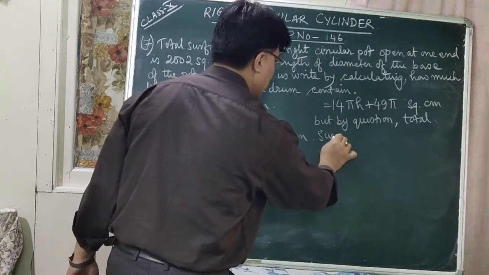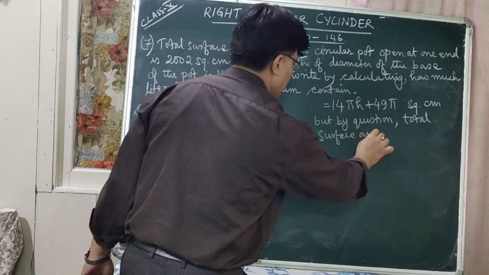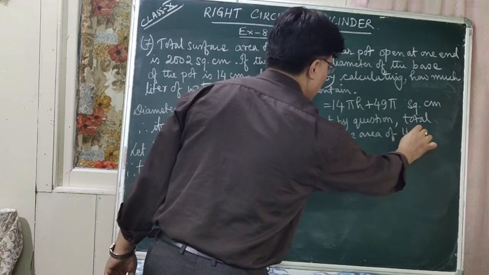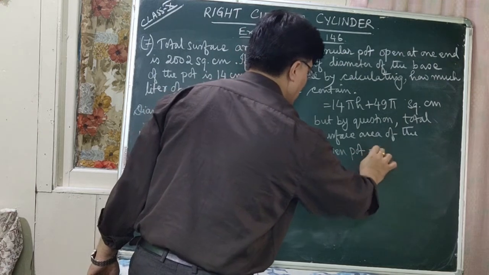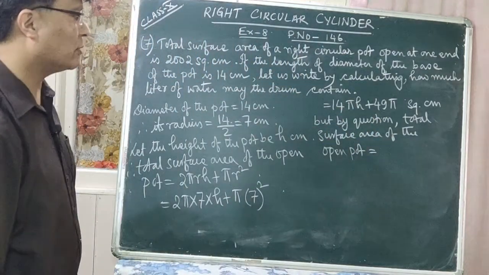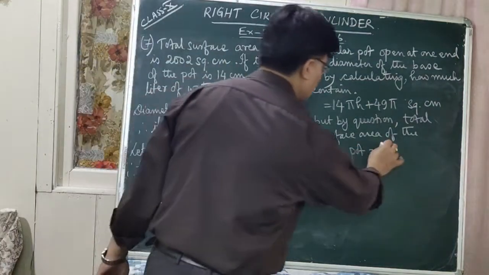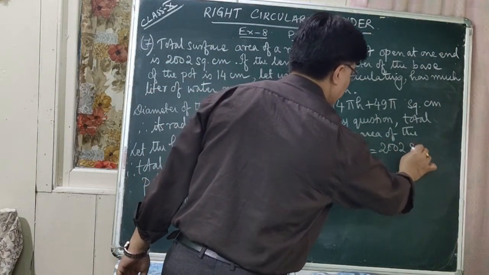By question, total surface area of the open pot is 2002 square centimeter.